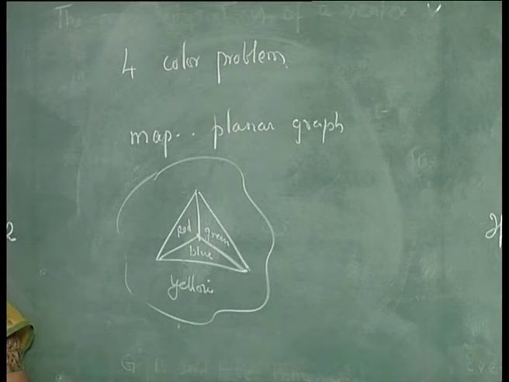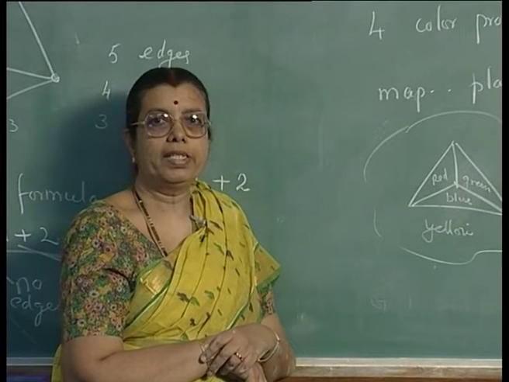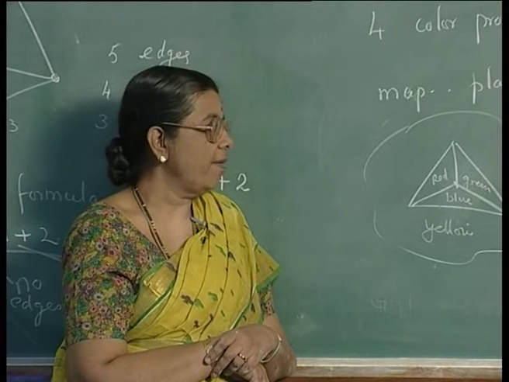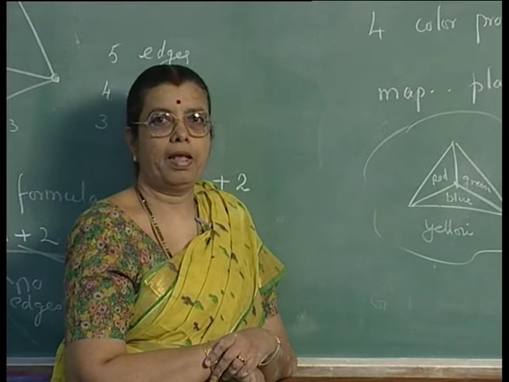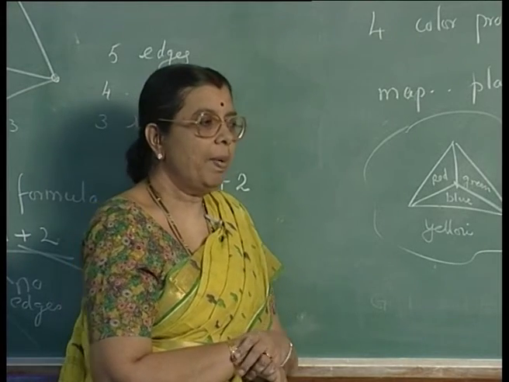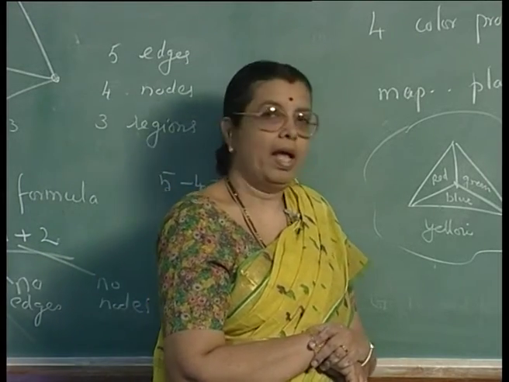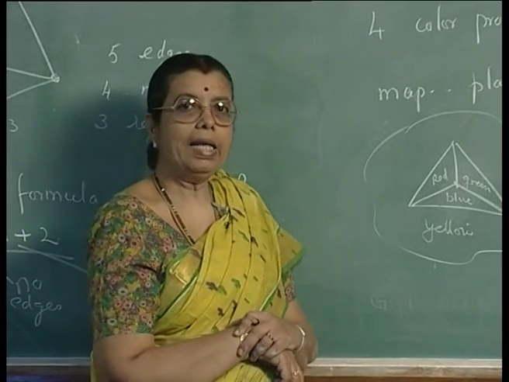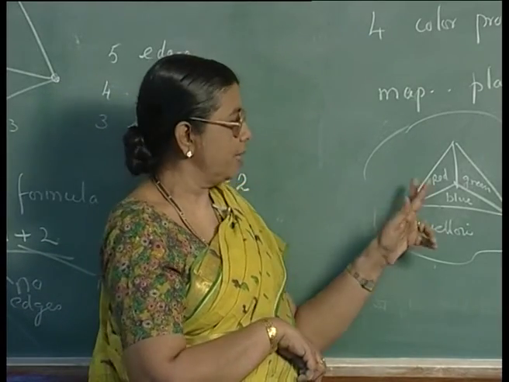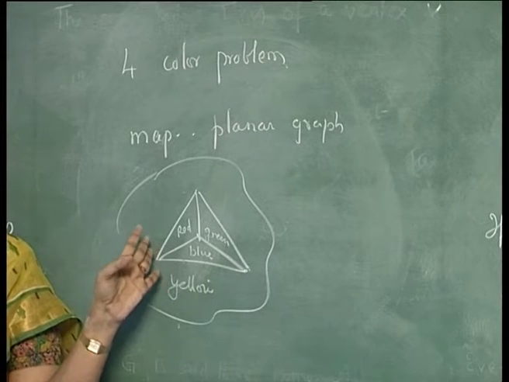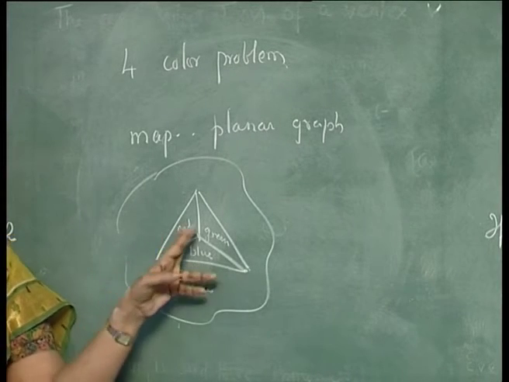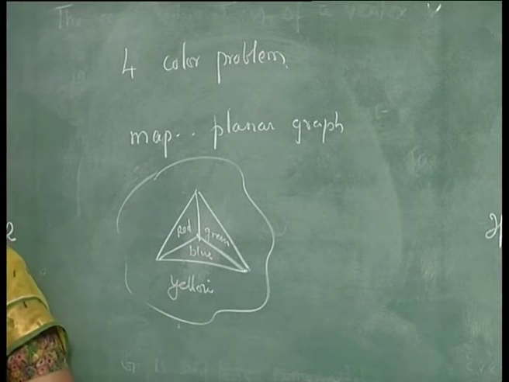How can I color a map which is a planar graph with the minimum number of colors? People have seen that you require at least 4 colors. Take the simple example, this is a planar graph. To color this, you require at least 4 colors, you cannot do it with less than 4 colors.